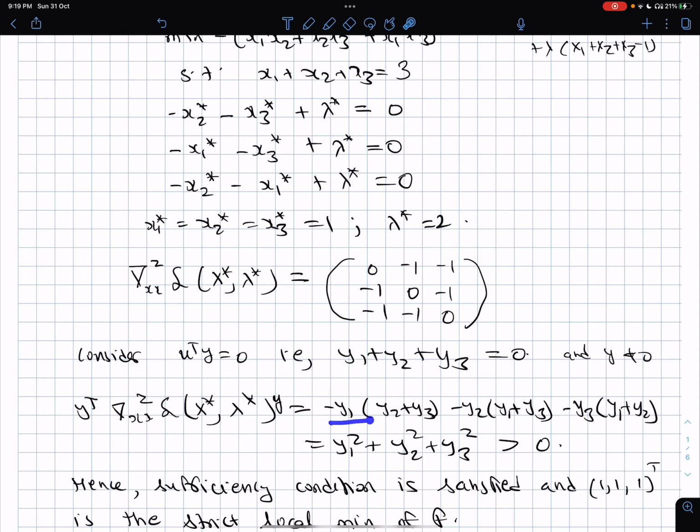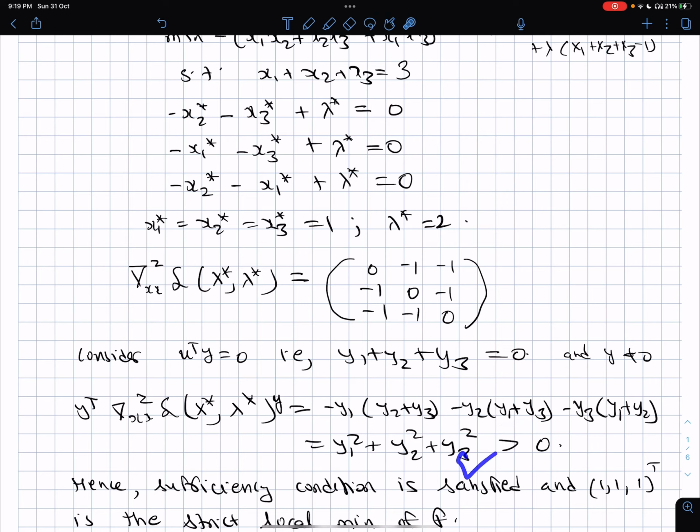You will get minus y1 times of y2 plus y3, and the next term will come out to be minus y2 times of y1 plus y3, and the third term will come out to be minus y3 times of y1 plus y2. Now substituting y2 plus y3 as minus y1, this becomes plus y1 square. Then substituting y1 plus y3 as minus y2, this minus y2 multiplied by y2 will become y2 square, and the third term will become y3 square.